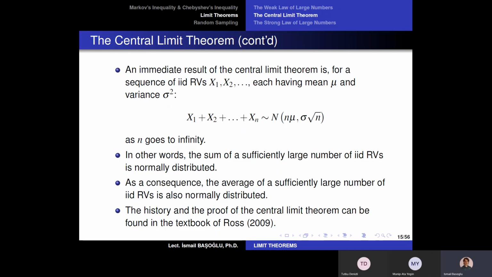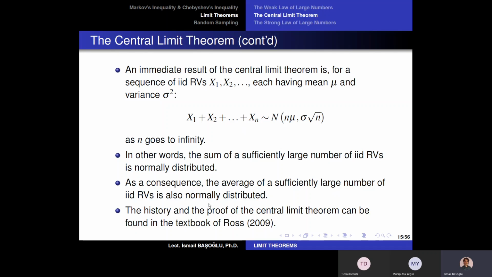Now, remember, when you multiply a normal random variable with a constant, the new variable is still going to be normal. So therefore, if the sum of a sufficiently large number of IID random variables is normally distributed, then the average should also be normally distributed.